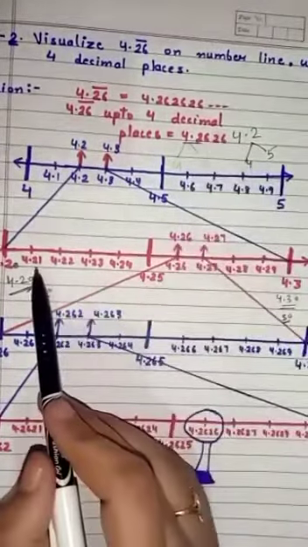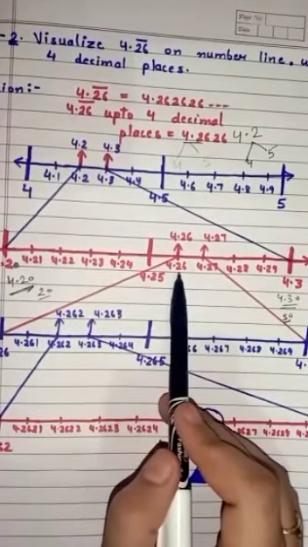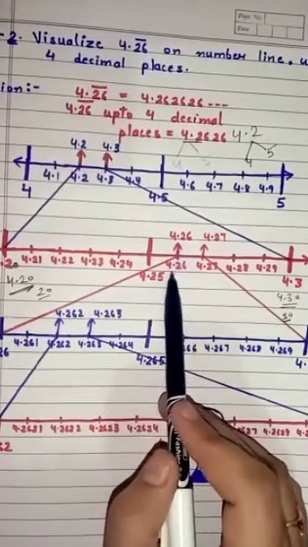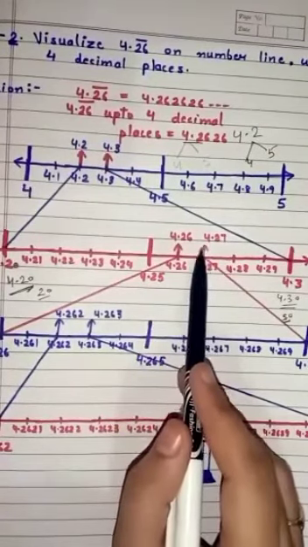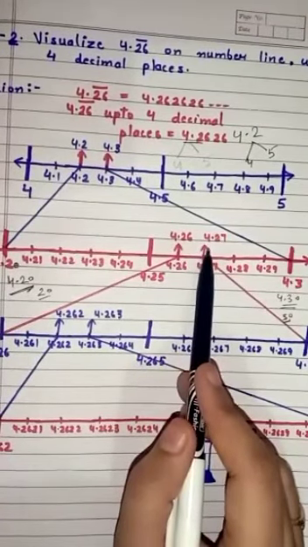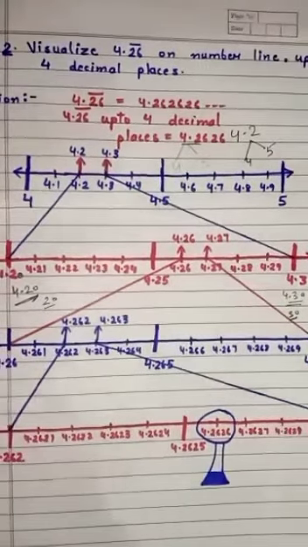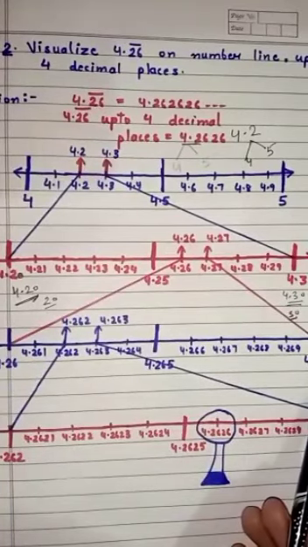Yes, so 4.21, 4.22 and here it is, 4.26. Okay, so mark 4.26. After that you still have to go further, so you take one more point, that would be 4.27. So now, according to the next step, you are having 4.26 and here it would be 4.27.